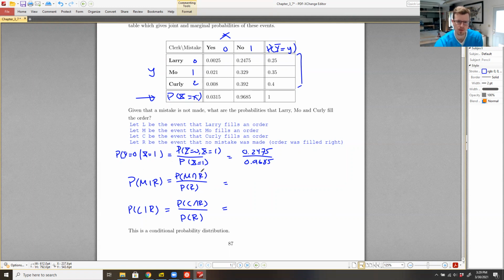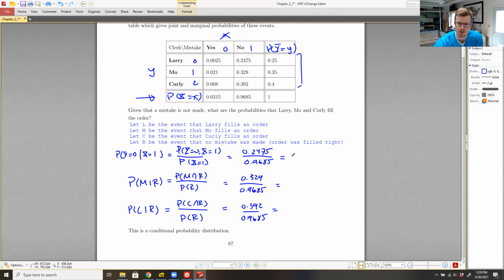For Mo given no mistake, 0.329 divided by 0.9685. And the probability of Curly given no mistake is 0.392 divided by 0.9685. Of course, I can compute each of these.